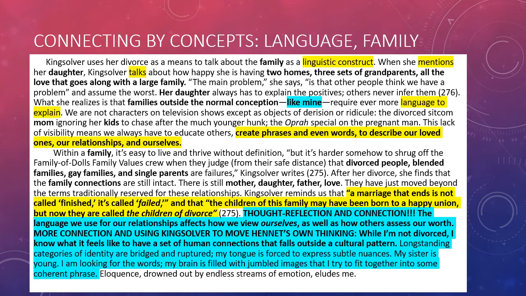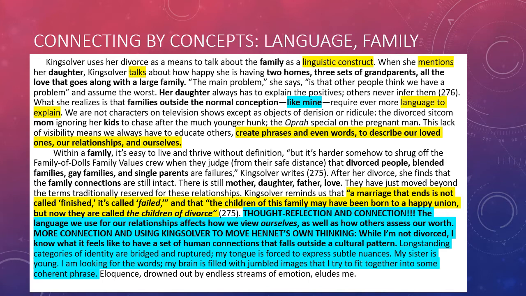One is language, the other is family. You will see when you go back to the highlighting that Hennet has focused in not only on a writer, but on quotations where those two concepts are side by side.